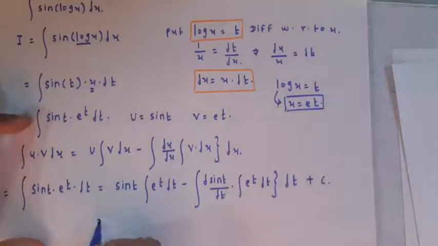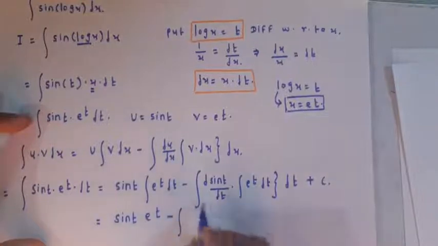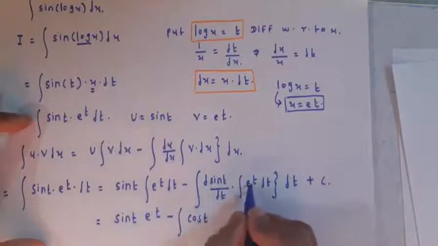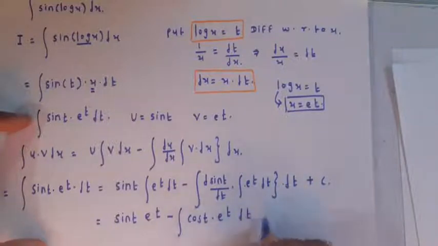Now this is equal to sine of t, integration of e raised to t is e raised to t, minus differentiation of sine of t is cos of t into integration of e raised to t is e raised to t, and whole integration with respect to t plus constant of integration c.